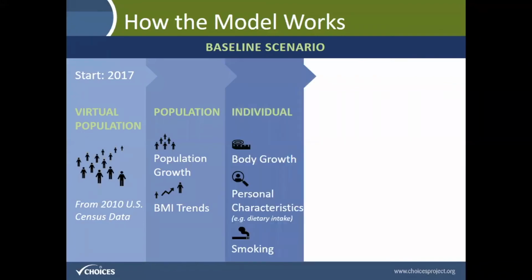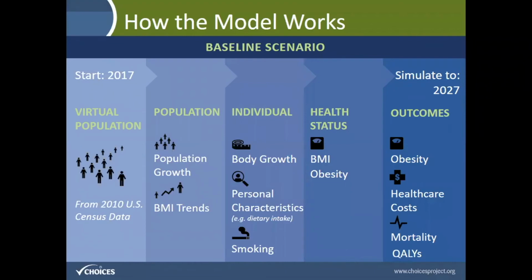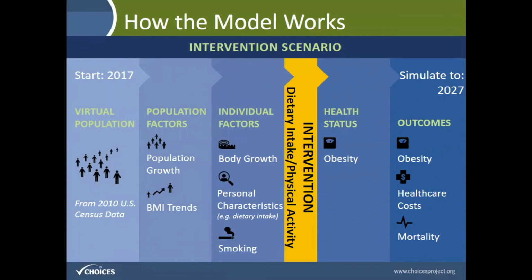We begin with a sample based on the census, and then we develop a virtual population of 1 million individuals based on real data, and then project where they're headed in terms of body growth and development, where BMI and obesity is headed in your state or city without any intervention, and the resulting health outcomes of that. And then we take into account the evidence we have for an intervention and project where things would head with that intervention. And then we calculate the outcomes and the cost effectiveness of those results.